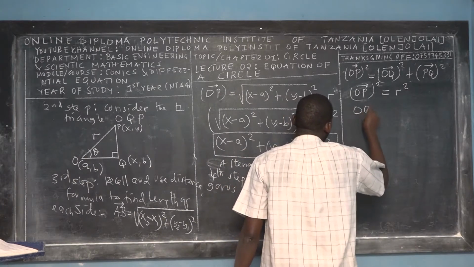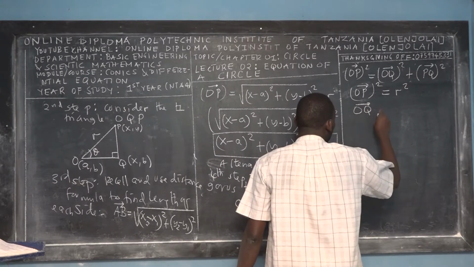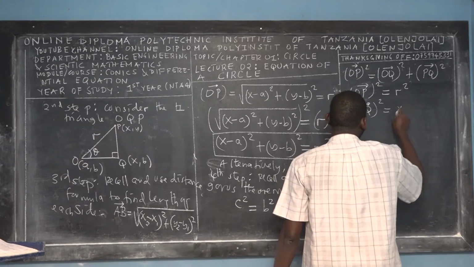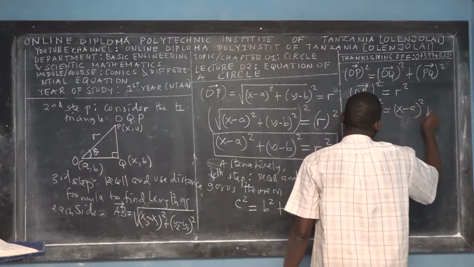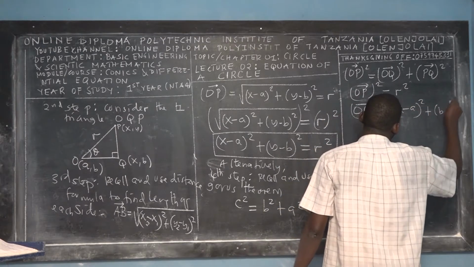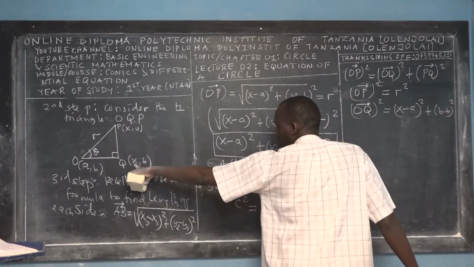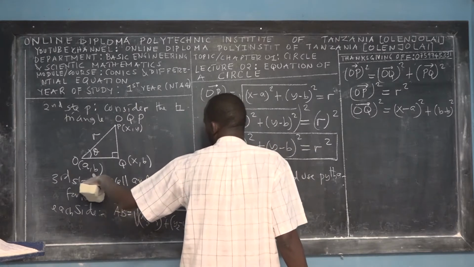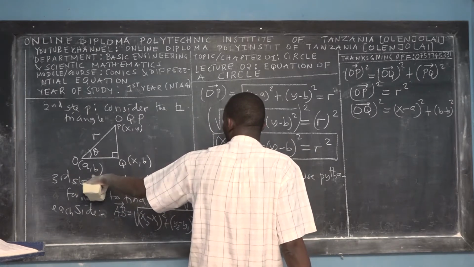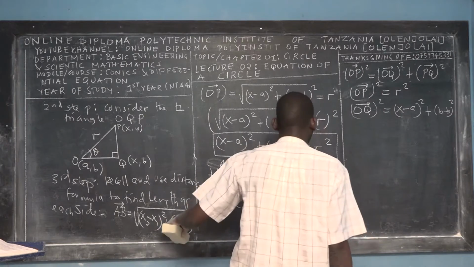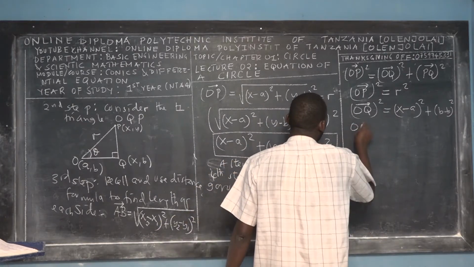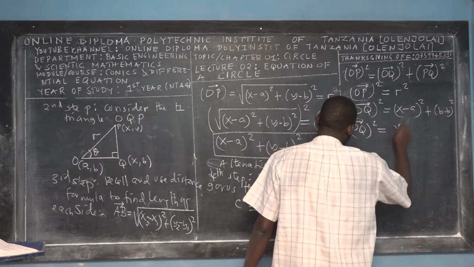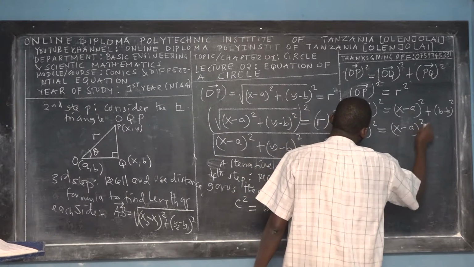OQ squared, we can find by taking x minus a squared plus b minus b squared. We are using the distance formula, right? So OQ squared will be x minus a squared.